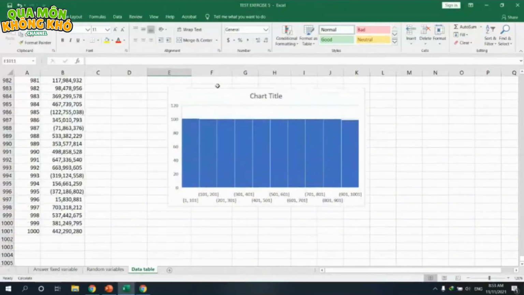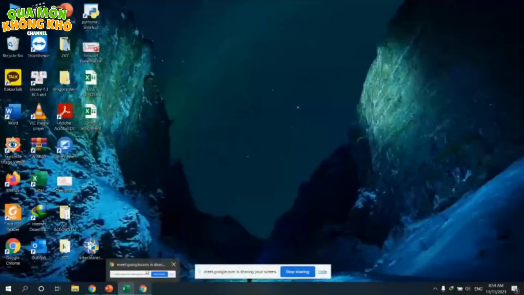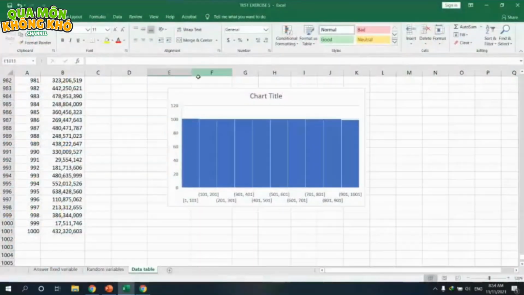So, when you want to see the structure of 1,000 NPV you simulated, you can use the histogram chart, and in Excel we have some useful tools to do that. Just follow my lead. First of all, you have to use the data analysis in Excel.